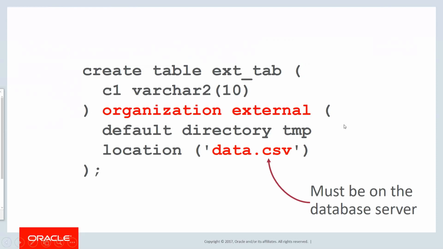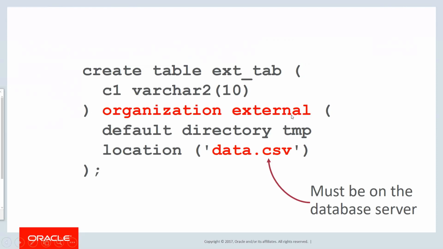Now do note, this file must exist or be accessible from the database server. So if you're trying to load a CSV file that's on your desktop, you can't use external tables. You have to be able to transfer it to the database server and do it that way.